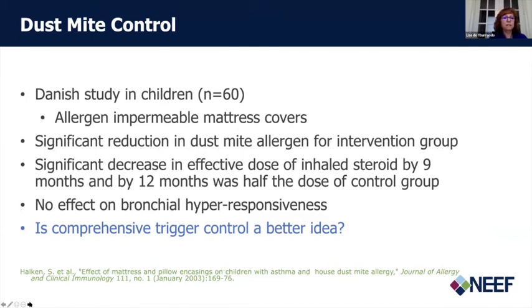So this leads us to the question, is comprehensive trigger control a better idea? And the answer is most likely yes, because children are not only at high risk for dust mite allergens, but they can have other aeroallergens and other triggers as well that are non-allergenic. Next slide.